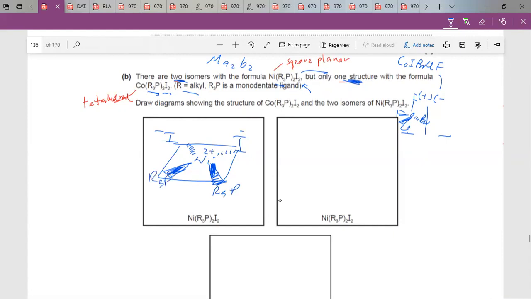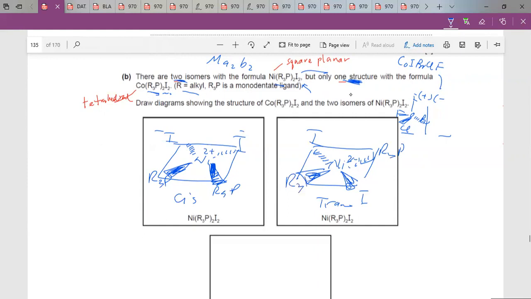This is your cis, and this is your trans here. Coming out here, if it's I here and I here, it's your trans, and of course it's your R3P here.